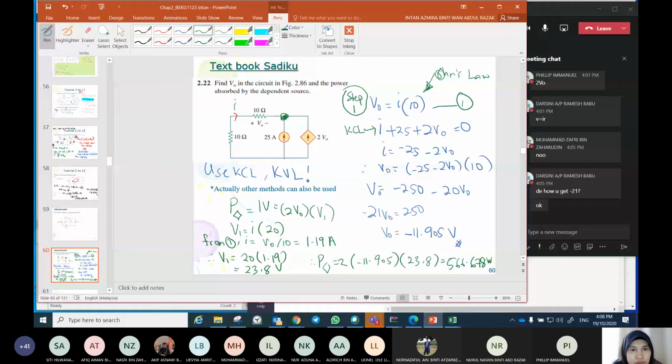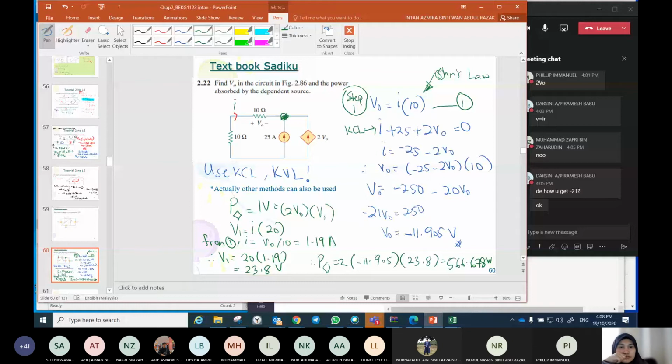It is equal to the voltage drop here, and it is equal to the voltage drop along this path, meaning that V1 is equal to V of this 10 plus V of this 10 ohm. We have V naught, we have to find V1. V1 is equal to V is equal to IR, I in the bracket of R, 10 plus 10, 20.